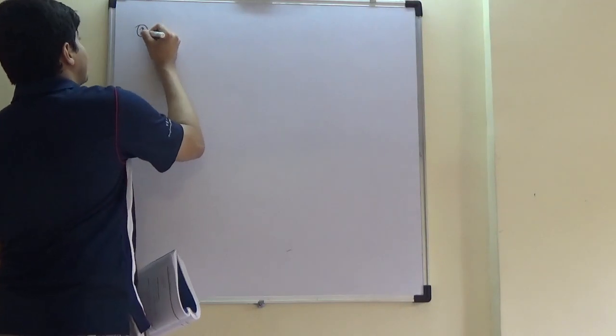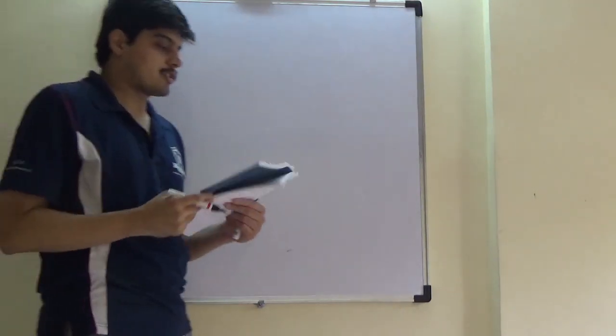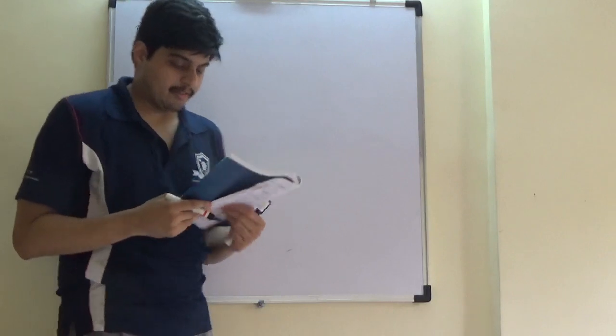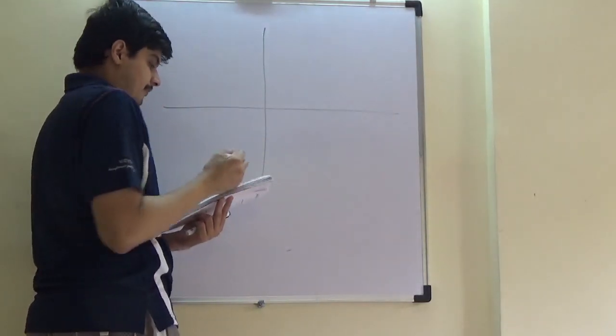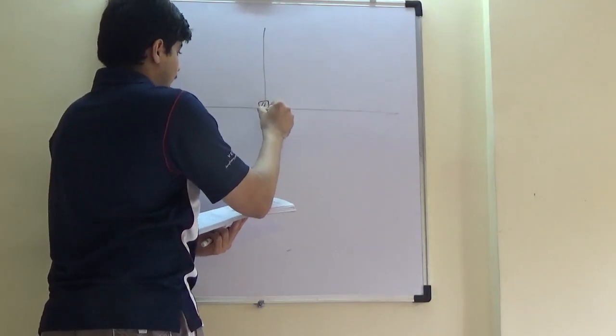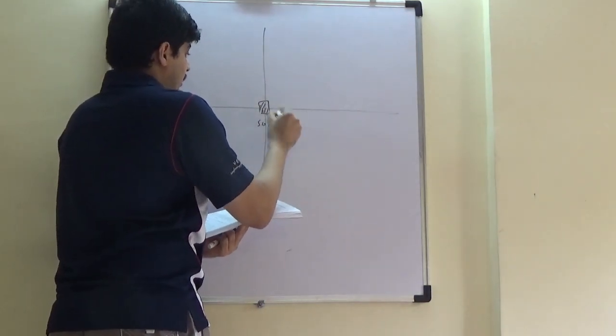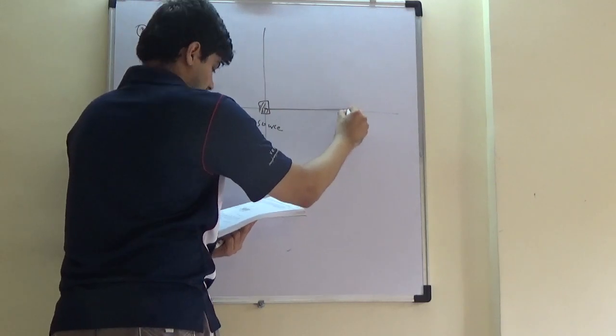Question number 2. There is a figure we have been given, where there is a source and there is a sink sheet.